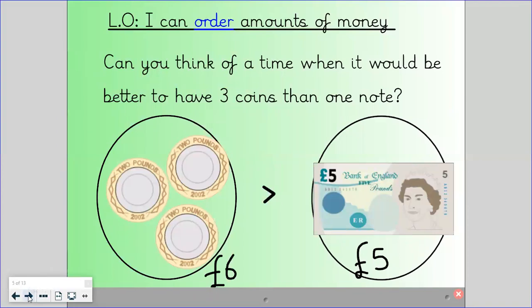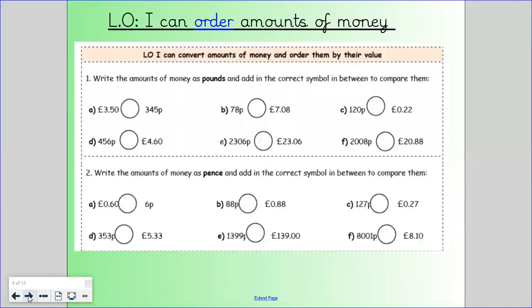Okay, so your sheet today looks a little bit different. It's not do it, twist it, solve it format. It's a little bit different, but it is still divided into 3 sections. Your first section is essentially doing what we've just been doing there. Okay, there's different amounts of money. You need to put the correct symbol between the 2 amounts of money.